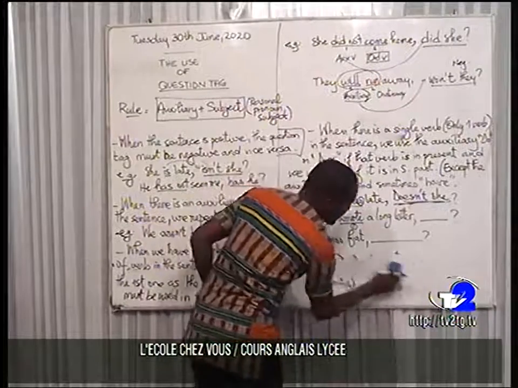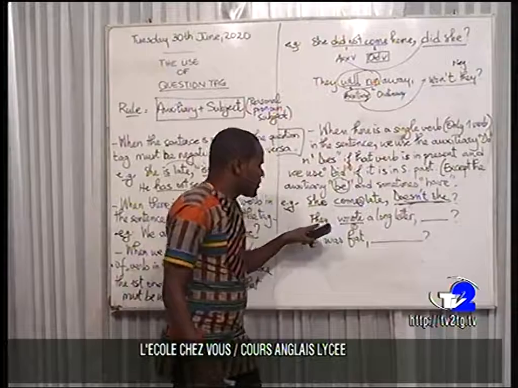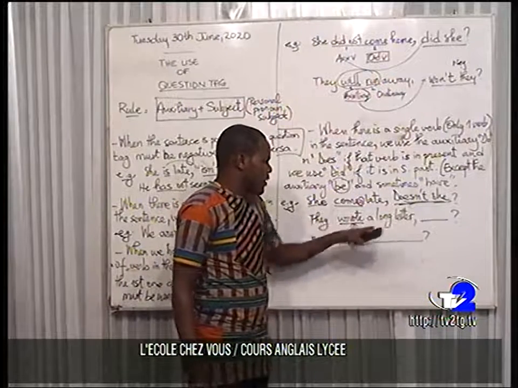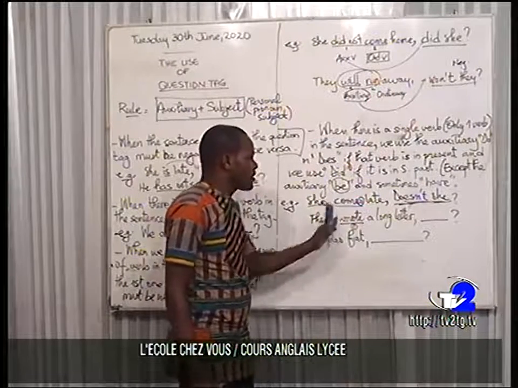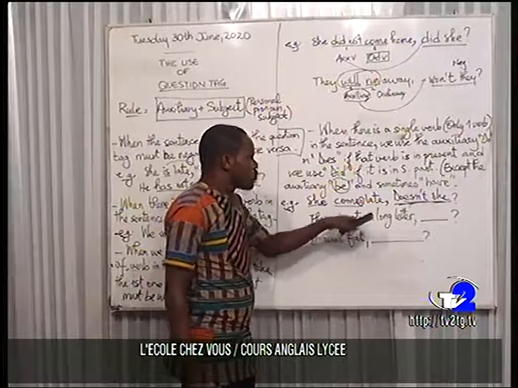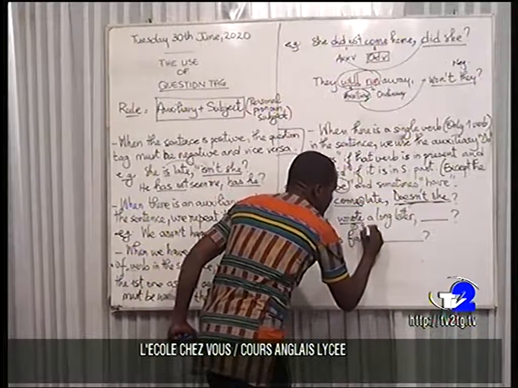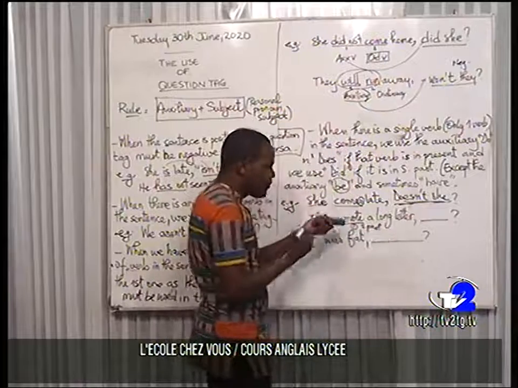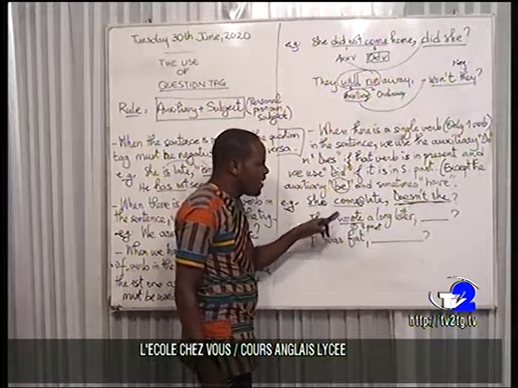So that is exactly what we are going to try to do here. Here we say they wrote a long letter. Can we say to wrote or to write? We cannot say to wrote. It means that this verb is in simple past. What type of verb is that? It is an ordinary verb or main verb.